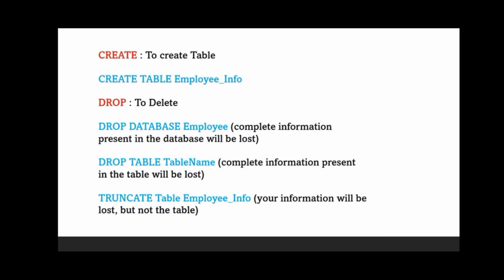Clear? Here employee is the name of the database. So every table should be deleted. And if you want to delete only one table, you can use drop table, then table name. Then truncate table employee info. Your information will be lost, but the table will be there. Clear? So the data will be blank.